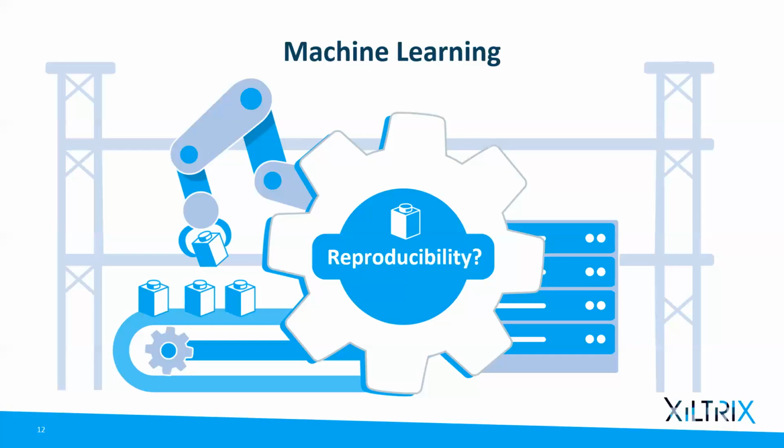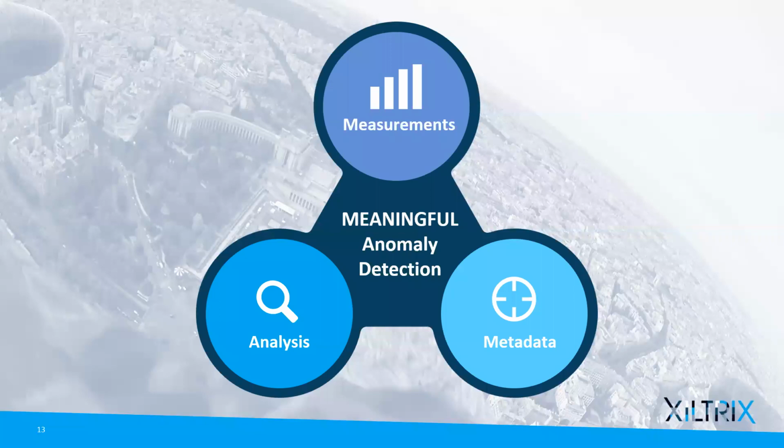So if we go to the next slide. Yep, there we go. Sorry, my microphone was failing. We've put together the three most important parts that we will need in order to do any kind of meaningful anomaly detection. And that, first of all, is looking at the measurements.